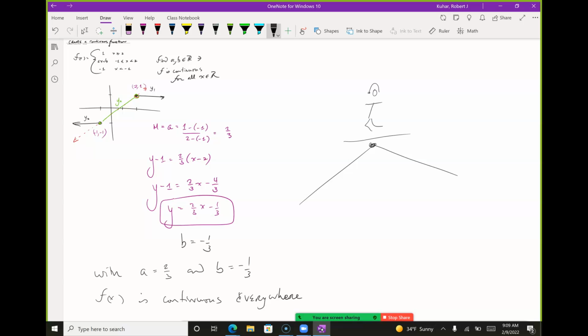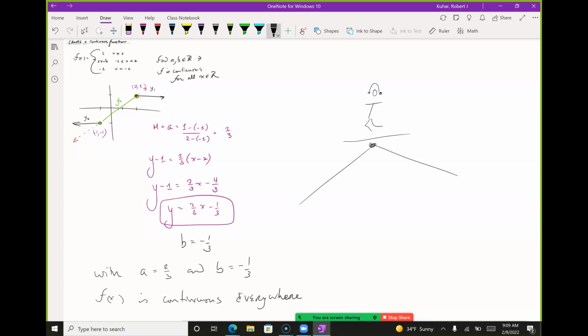I'm on that point, but can you see me trying to keep my balance? The skis are shaking. I'm trying to balance on that point. So is my slope from the left the same as the slope from the right? No. So the derivative doesn't exist at that point. So not differentiable.